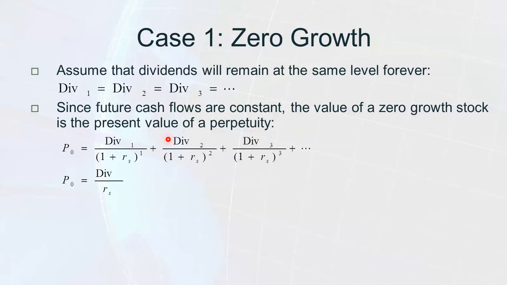If you remember from your time value of money, if you have the same cash flow coming forever, that's called a perpetuity. Applying the time value of money concept here, present value equals cash flow divided by R, the discount rate.